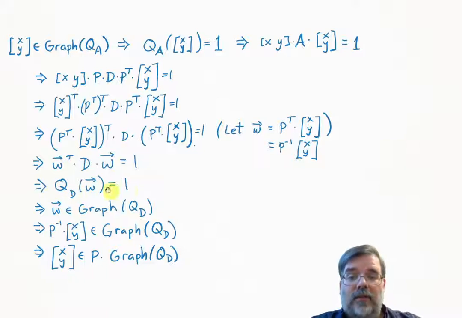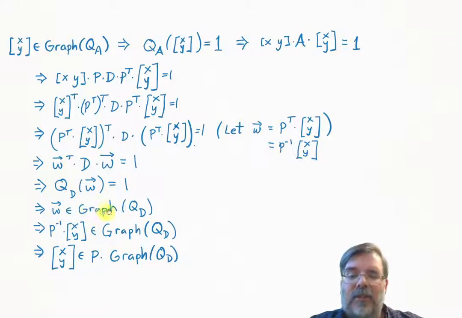So in other words, this equation, Q_D of W equals 1, means that W is on the graph of Q_D. And again, this is a different quadratic function than we started with, but it's going to be a little bit simpler, which will be good. Now, what was W again? Oh yes, W was P inverse times (x, y).